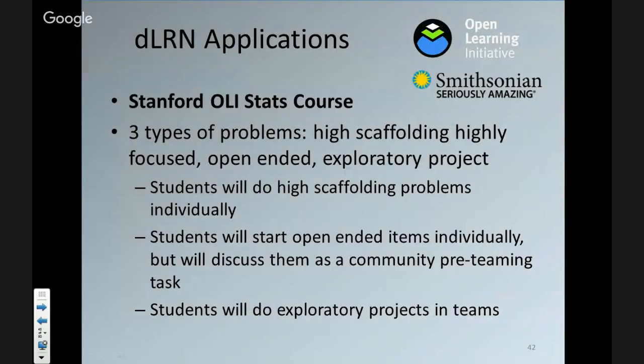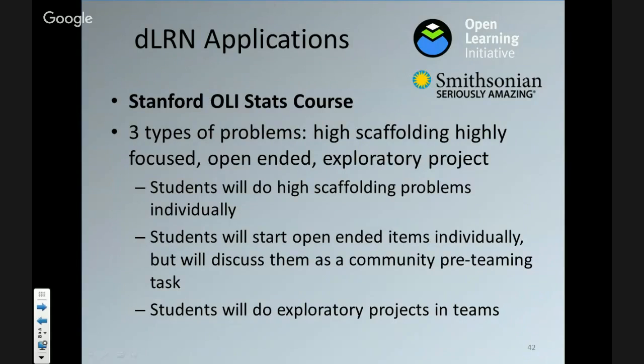We're going to add a third, far more open-ended exploratory problem, and we're going to use the second ones as our pre-task, where students in the whole community will give each other feedback and talk together, reflecting on this slightly open-ended task. From that we will assign them to teams and they will work together on more exploratory tasks.